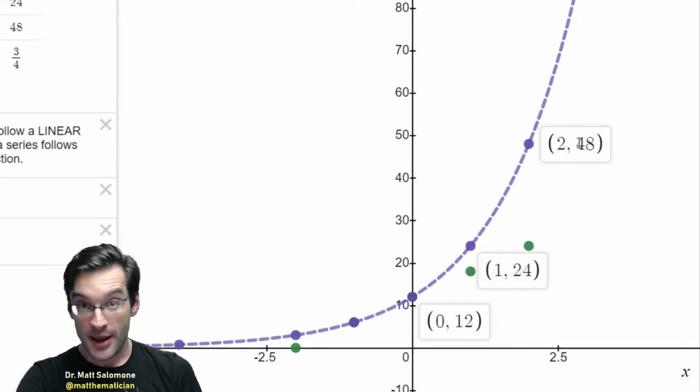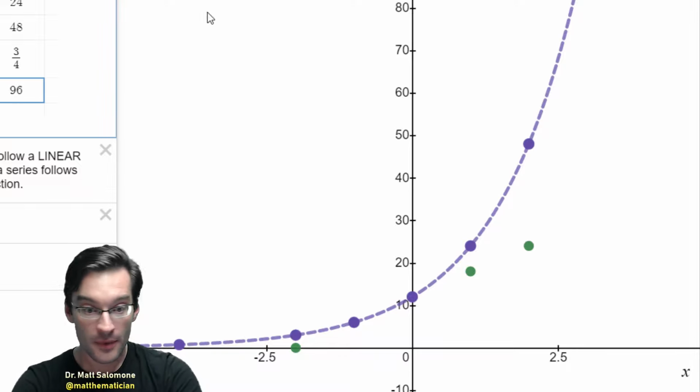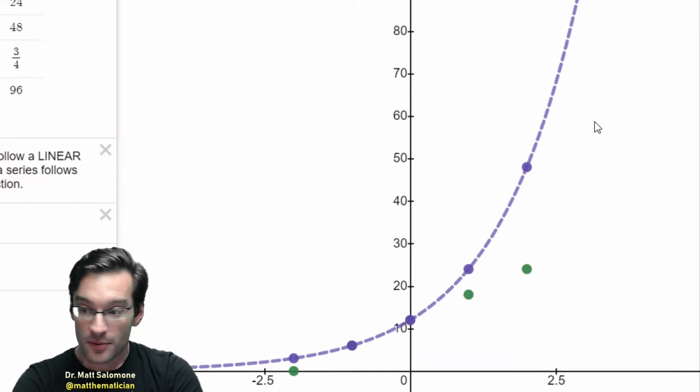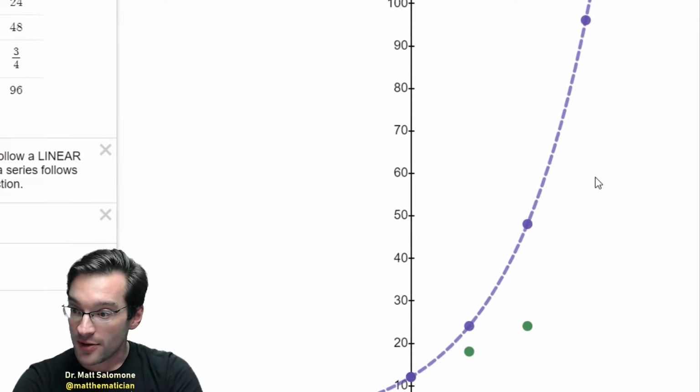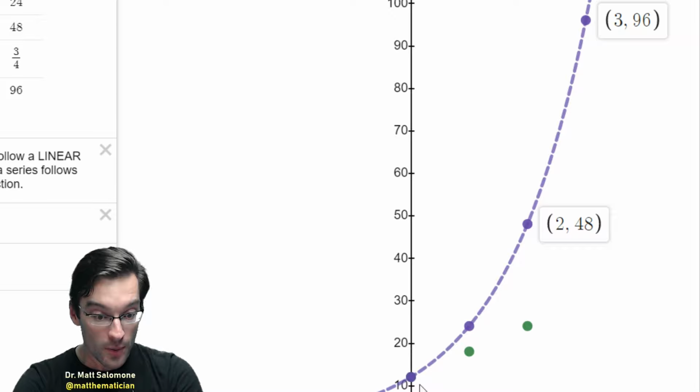If I had one more data point at x equals 3, the y value would have to be 48 times 2 one more time. 48 times 2 would be 96. So let me scroll this down a little bit so we can see that data point. How would I have gotten this 96? I would have to multiply by 2 one more time.